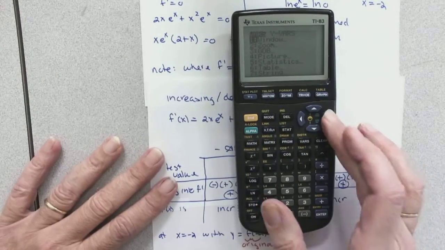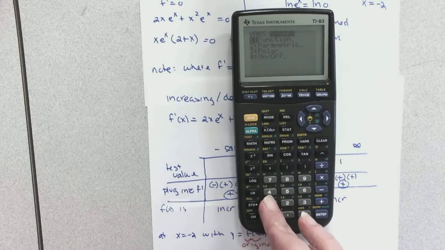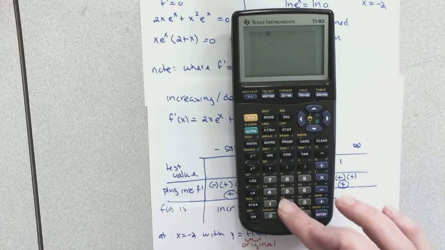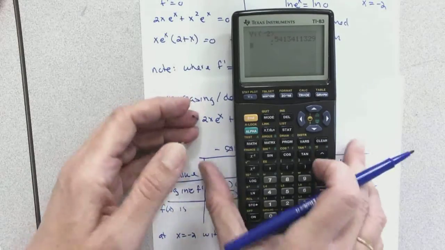There, y vars. So you hit vars, arrow over to y vars, then it's a function, so I press 1, then press 1 again because I put it into y1, then you put the number that you want, so y1 of -2. Enter, and I get 0.54.